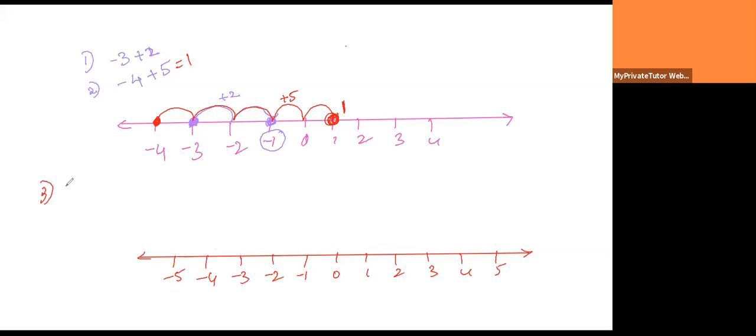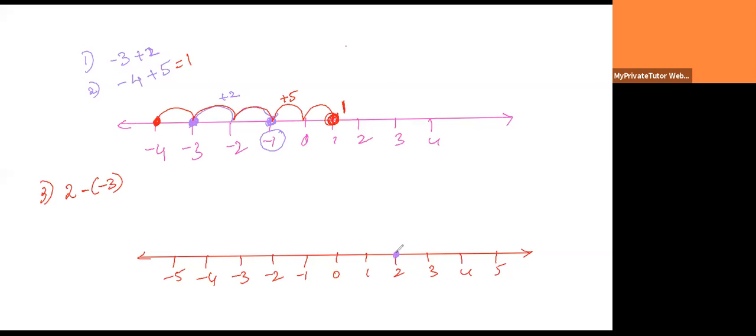Let's take the question 2 minus of -3. What does it mean? 2 minus of -3. Let's solve this using the number line. Our starting number is 2.